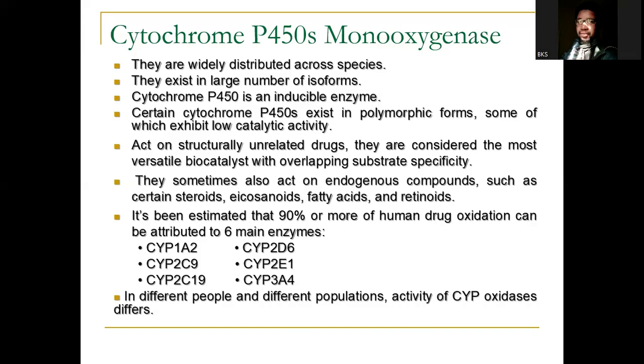They are differentiated on the basis of amino acid sequence similarity. First of all, all of them were cytochrome P450 monooxygenases, but how do you separate them to say, I belong to this family, I belong to that family? This was done on the basis of amino acid sequence similarities.